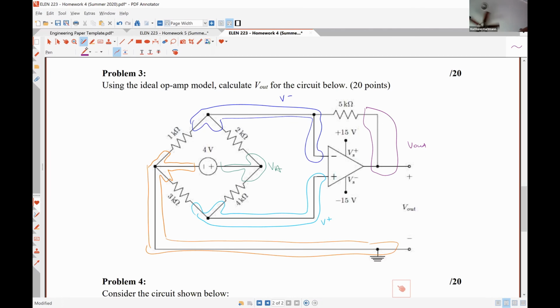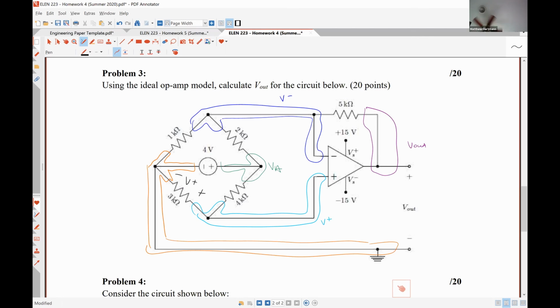All right, so I believe, as per usual, my first step should be figuring out what the voltage V plus is. So V plus is the voltage drop at the non-inverting terminal with respect to ground. That means it's actually just this voltage over the 3 kilo ohm resistor.